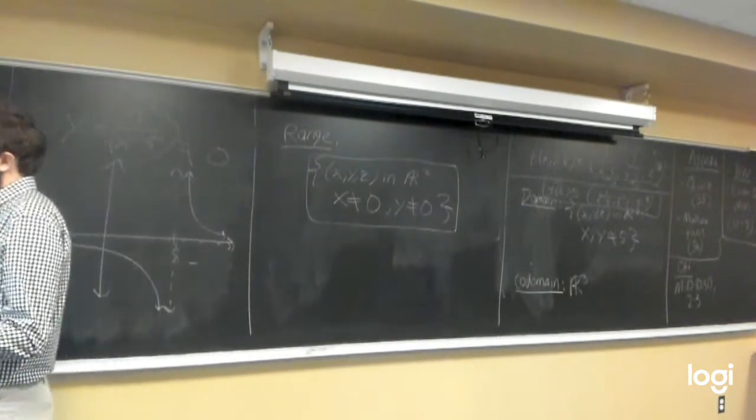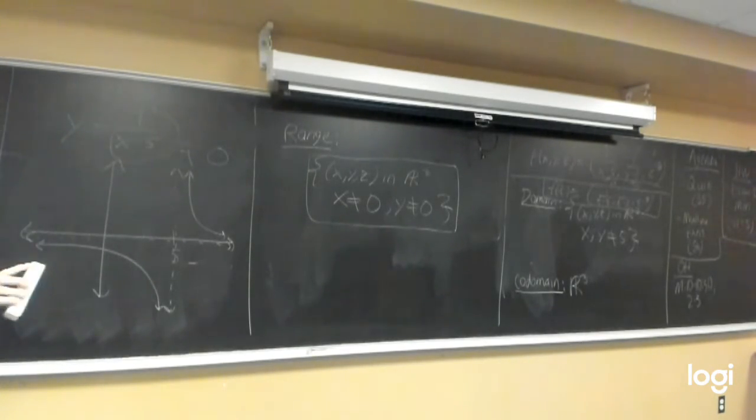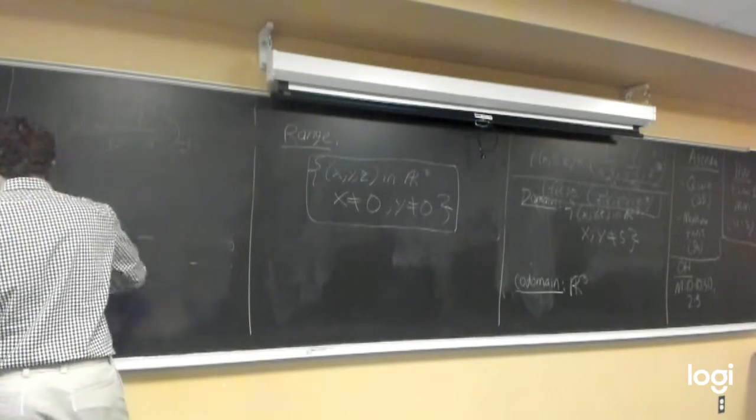So next up, I want to talk about how to take a multivariable function and break it up into smaller pieces. To do so, we're going to need to talk about component functions.